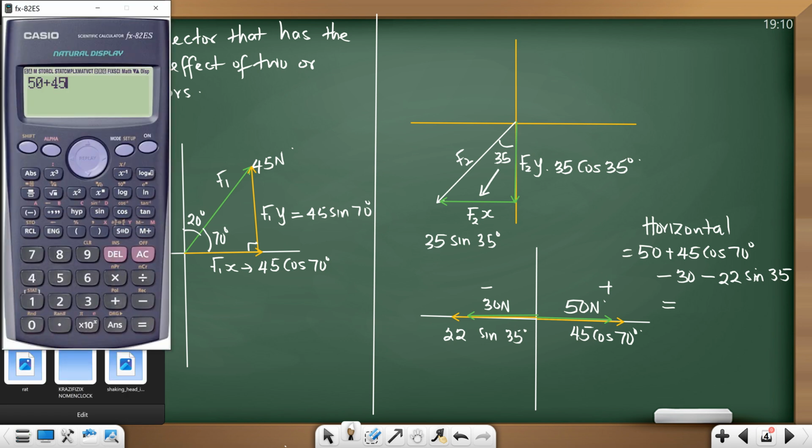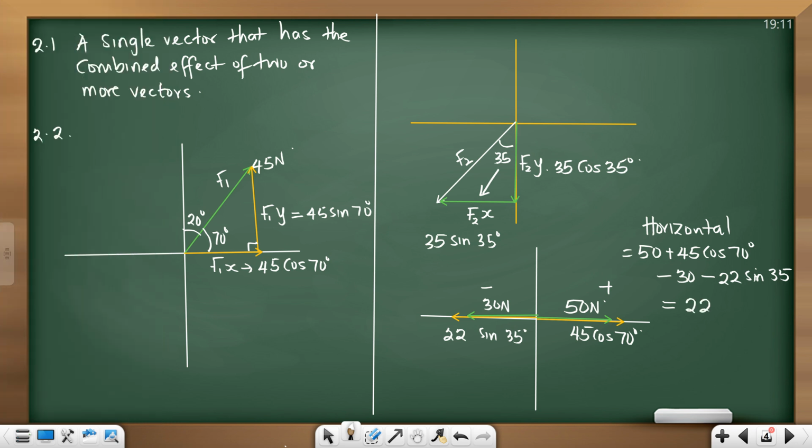50 plus 45 cos 70. Guys, please don't agree. 22 sine 35. What was your answer? Yes, so that's exactly the answer I got. Okay, 22.77. Guys, please don't agree. It means you are not following. That's what you're telling me.